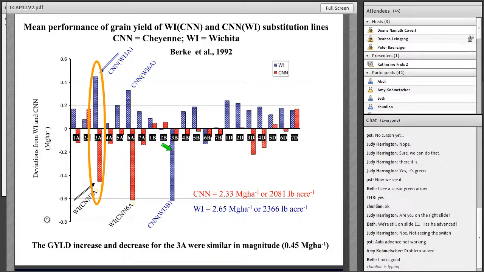Whereas the Wichita chromosome 3B, well, Wichita had different winter survival genes in it, so that in fact what you're seeing here is that when you put Wichita in, it took away the Cheyenne winter survival genes, but when you put Cheyenne 3B into Wichita, it didn't change winter survival because Wichita's winter survival was from other places. Does that make sense?